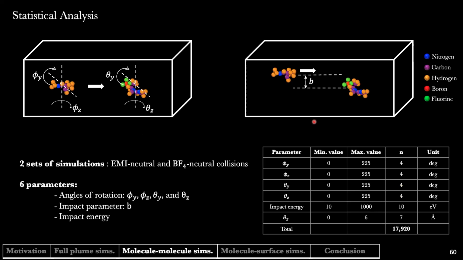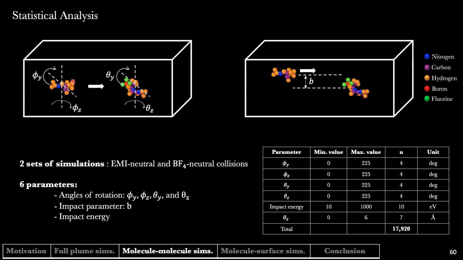And since the byproducts of the collisions depend on how the projectile lands on the target, we do a statistical analysis by rotating the two molecules. We define these parameters, phi y and phi z, and theta y and theta z.